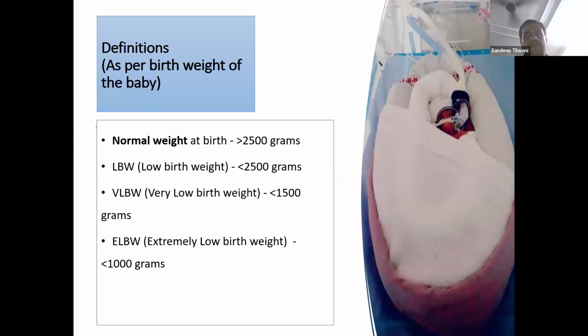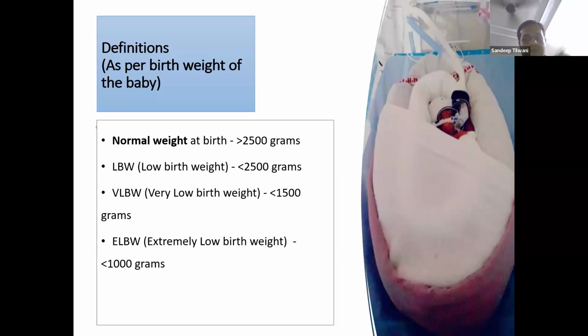Okay. So normally, the birth weight of a baby should be more than 2.5 kgs. Whenever a baby is born with a birth weight of less than 2.5, we call it a low birth weight baby. Whenever the birth weight is less than 1.5 kg or 1,500 grams, we call it a very low birth weight baby. And whenever the birth weight of a baby is less than 1,000 grams, we call it extremely low birth weight.